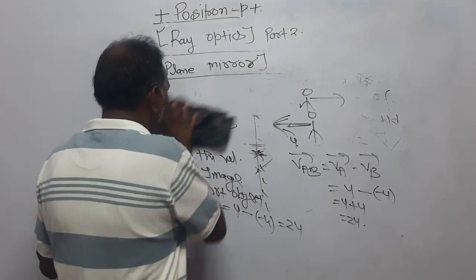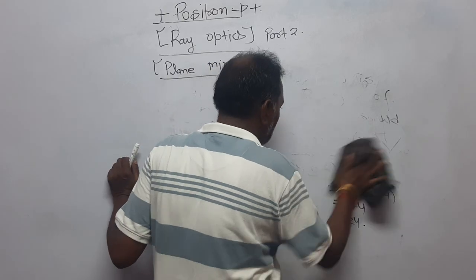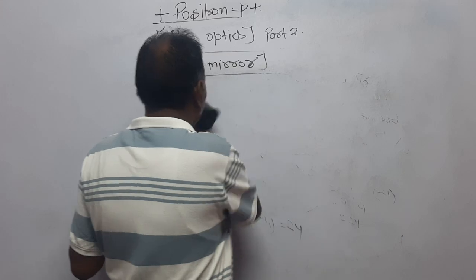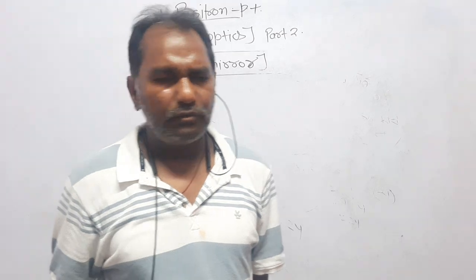Now, dear students, we are talking about the plane mirror, right? What we have discussed is that if the object is x distance apart, then the image will be behind the mirror x distance apart, right?